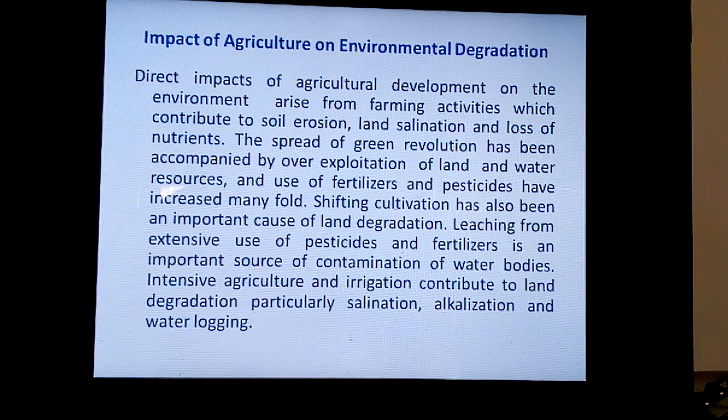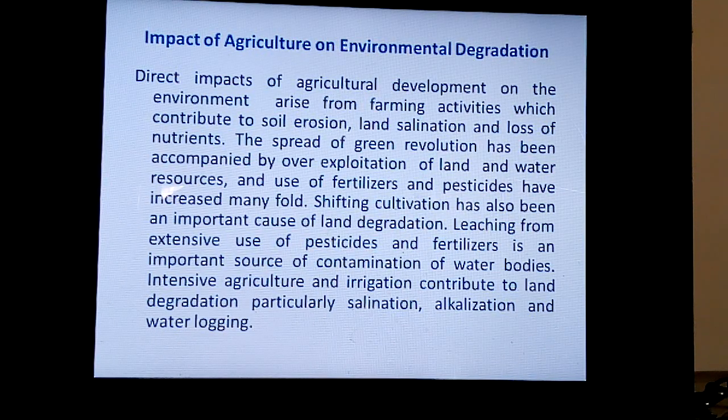The spread of the green revolution has been accompanied by over exploitation of land and water resources, and the use of fertilizers and pesticides has increased manifold. You know who is the father of the green revolution in India? Yes, M.S. Swaminathan.